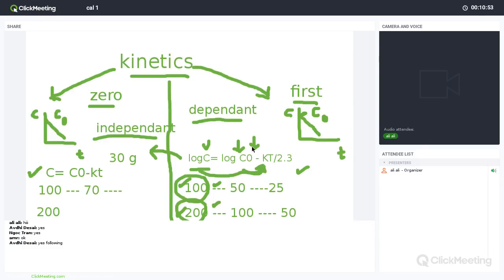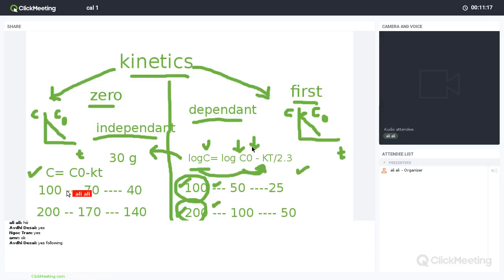After the same period of time, it will be 40, because the amount is 30 grams. We have here 200. The amount eliminated is 30, so it will be 170 gram. Then after a specific amount of time, it will be 140.